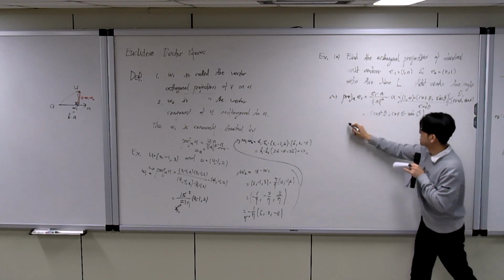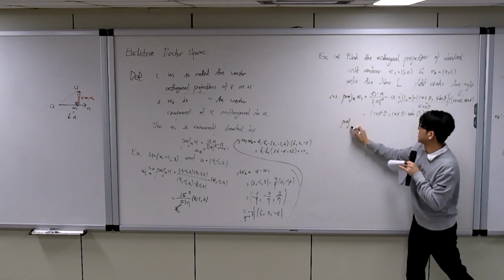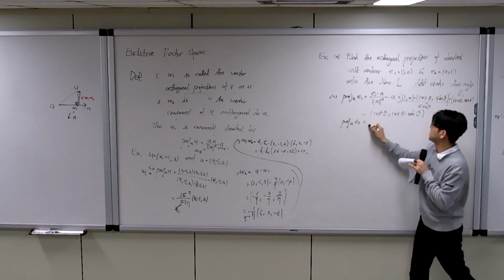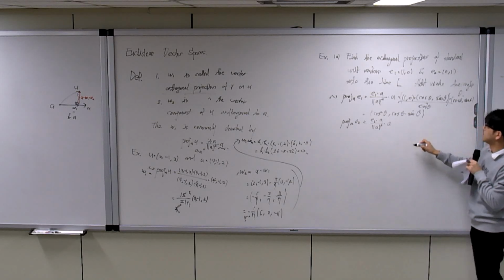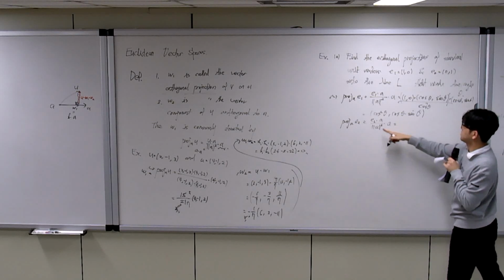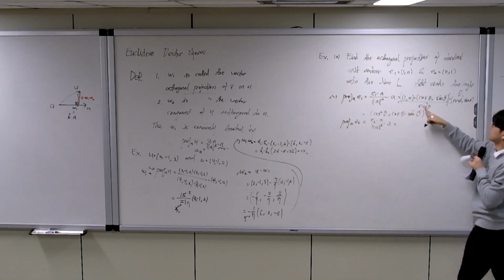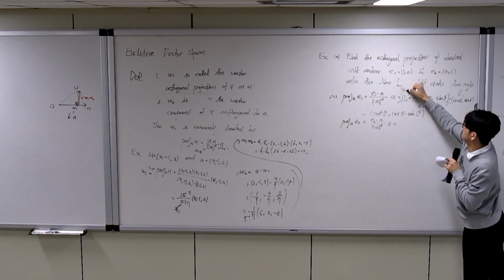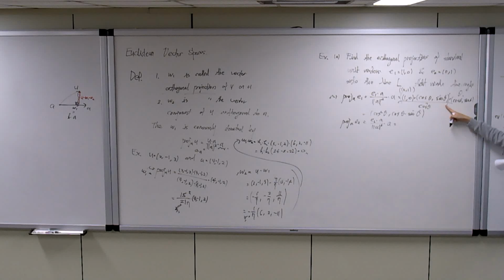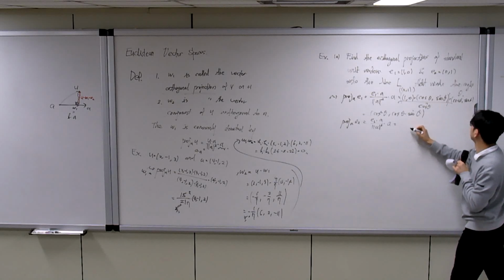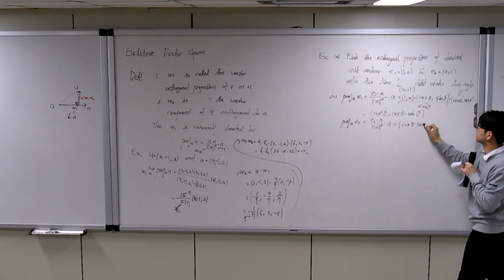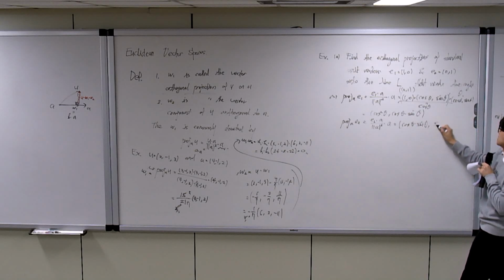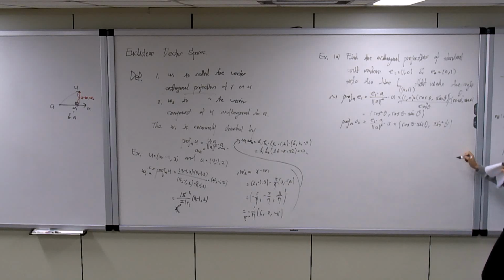And similarly we can calculate the projection of e2 on A. E2 dot A gives sine theta, so it becomes (cosine theta sine theta, sine squared theta).